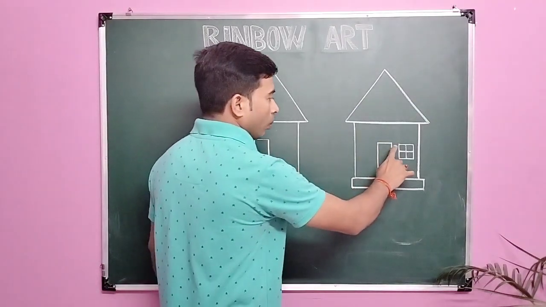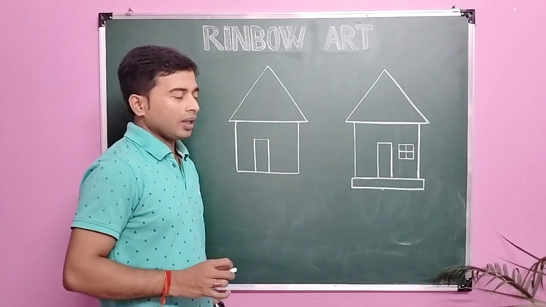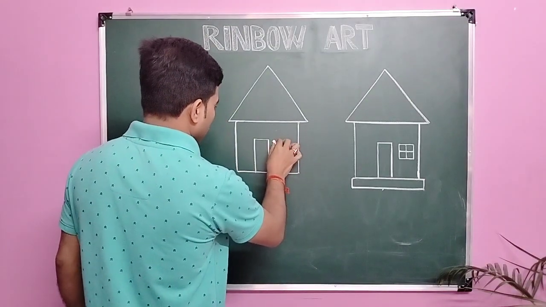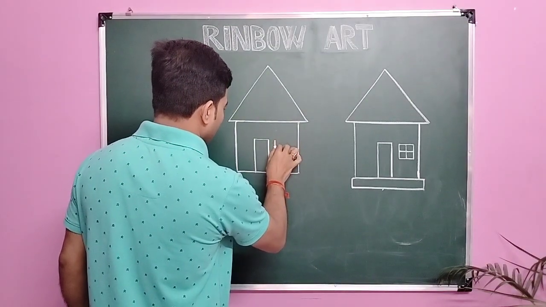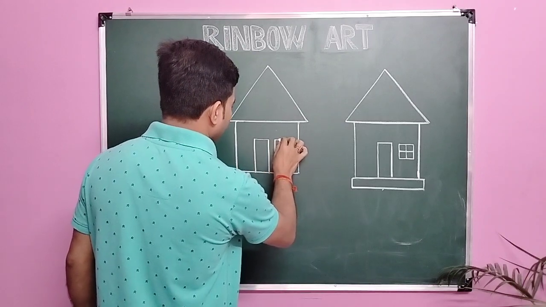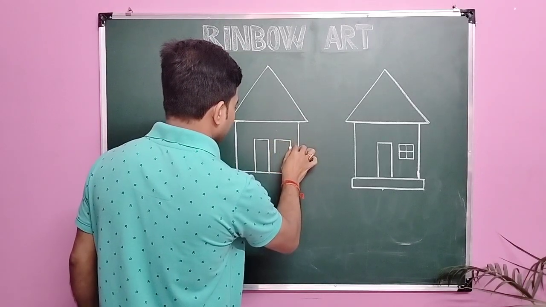Now for the window we will make a square. Very easy. First we will make here a square like this.